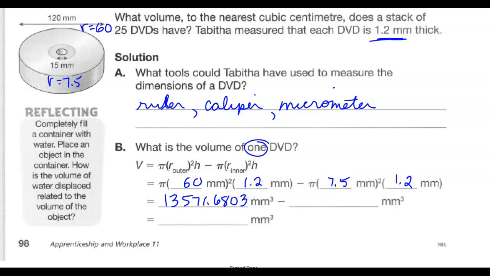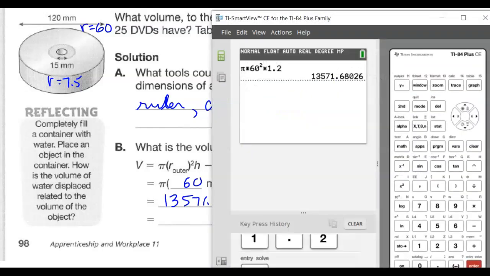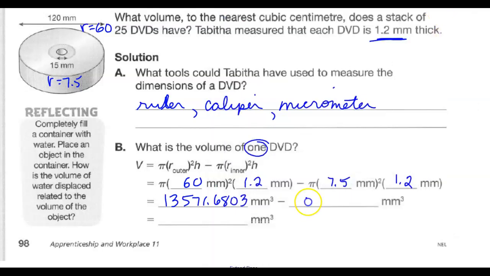And then the inside is pi times 7.5 squared times 1.2, which is 212.0575.